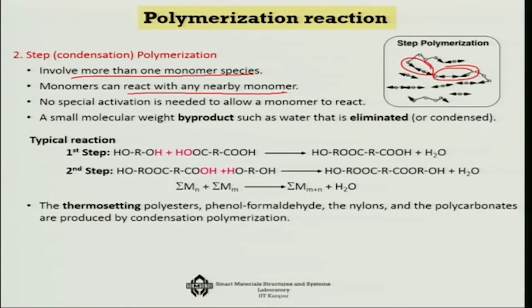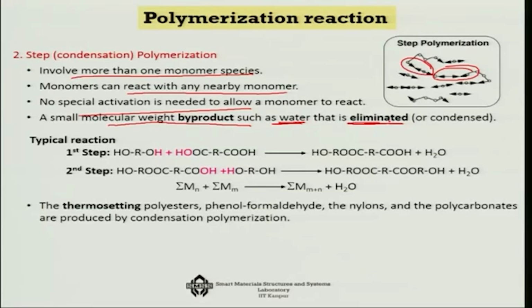They will not wait for some other active area to come and make them ready for the reaction. It would not happen, they will readily react. So no special activation is needed to allow a monomer to react, and a small molecular weight byproduct such as water will be eliminated.